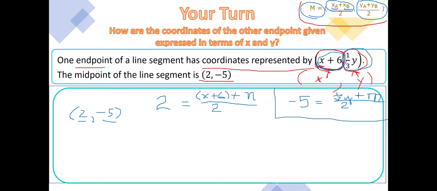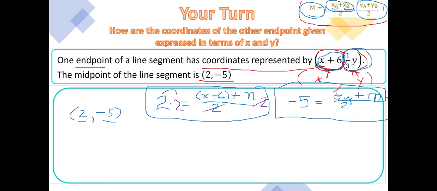So I've got two expressions I need to isolate. The first one for n and the second one for m. I'm going to start off by multiplying both sides of the equation by 2. 2 times that fraction expression, and the 2 is going to cancel out.